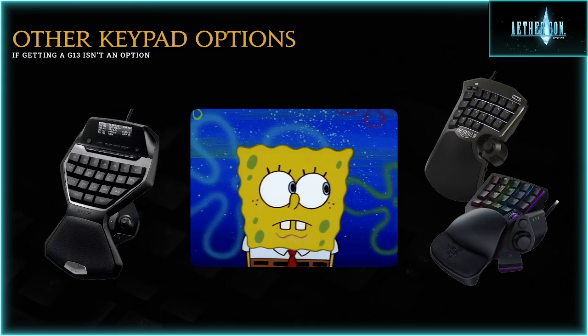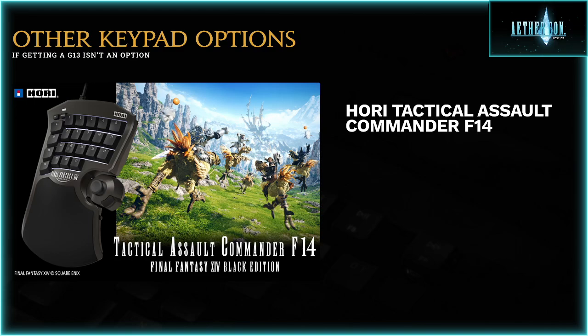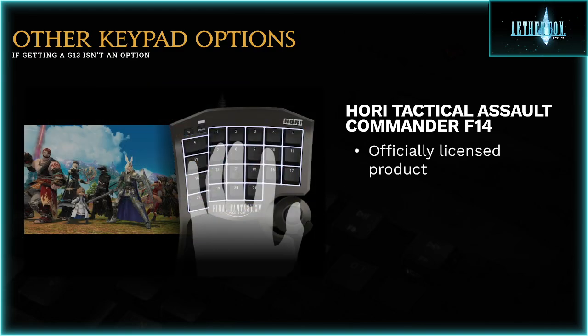So what if you can't find one, or you want something different? Well, there are some other options. Number one, you could get the Tactical Assault Commander F14, an officially licensed product.